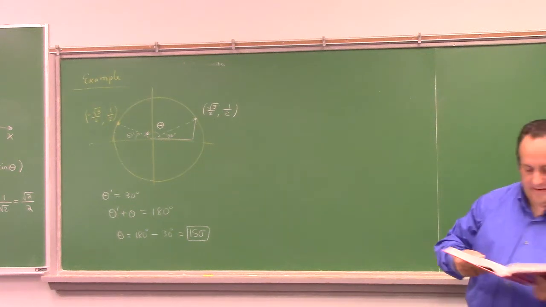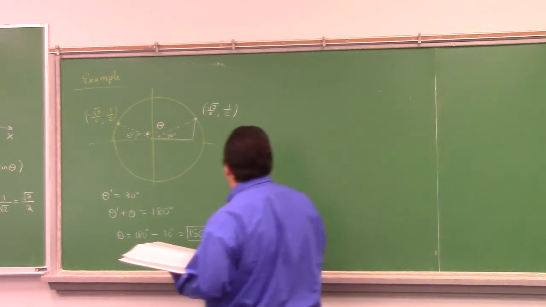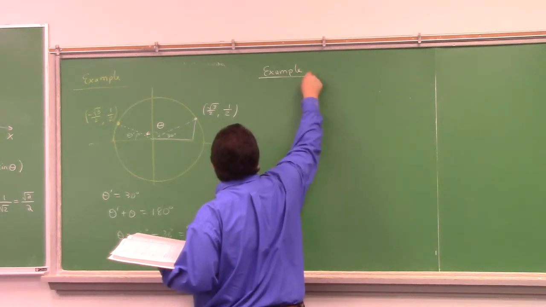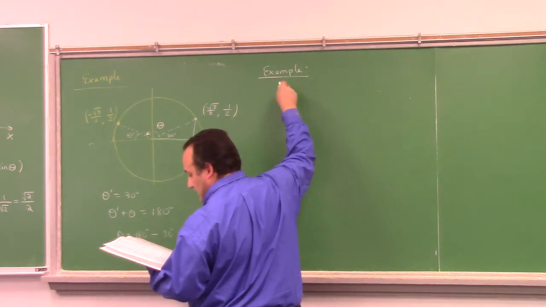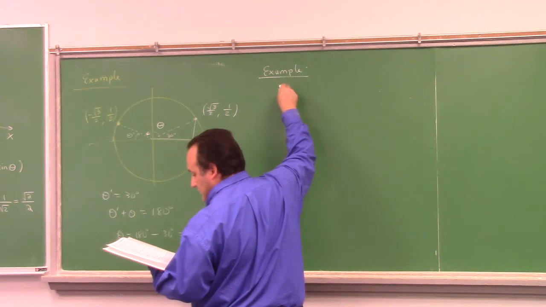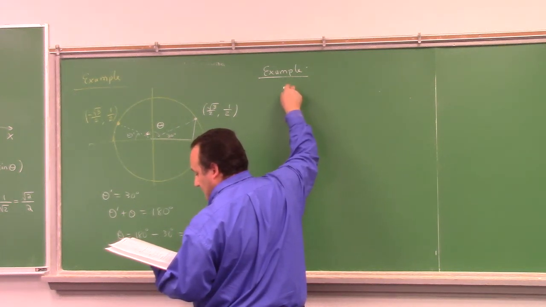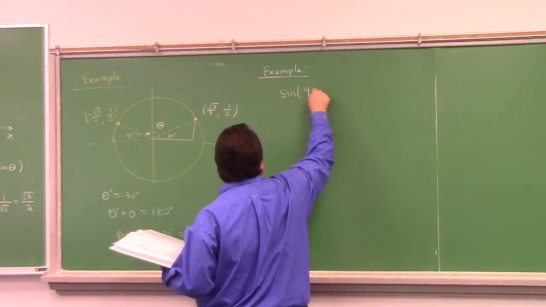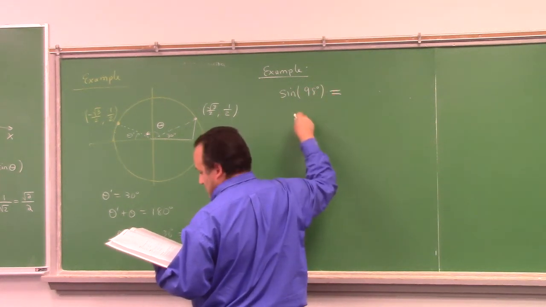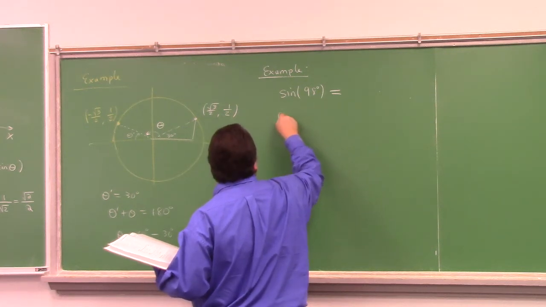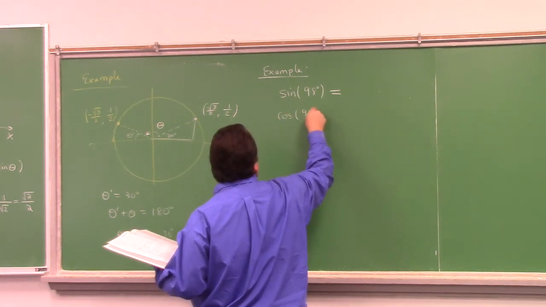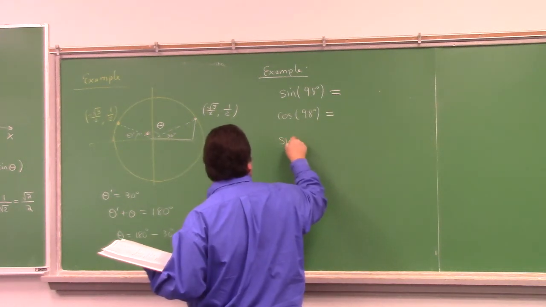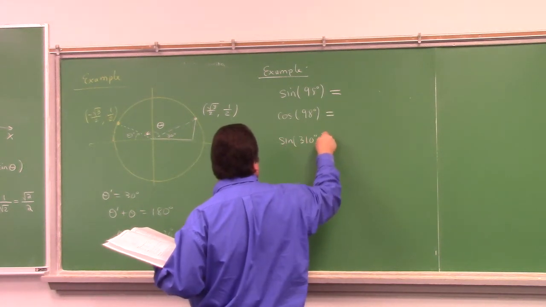I don't think I've actually assigned any of those, but this would be good exercises for you guys to see if you can check the following. Sine of 98 degrees. What's that? The cosine of 98 degrees. What's that? What's the sine of 310 degrees? Let's work that out.